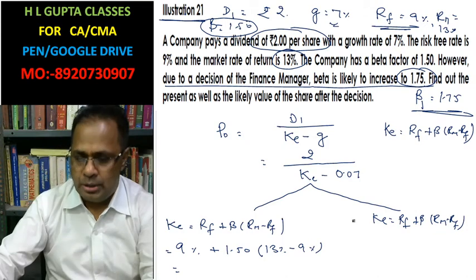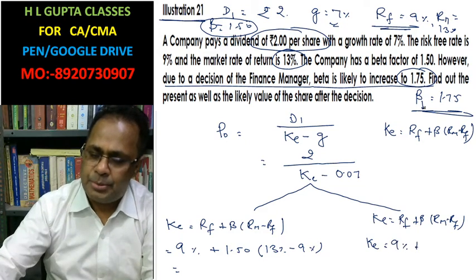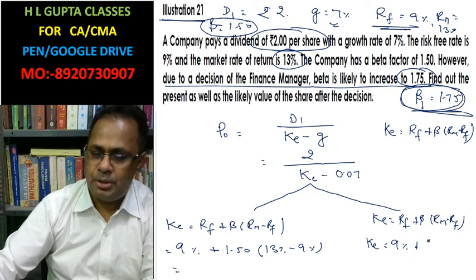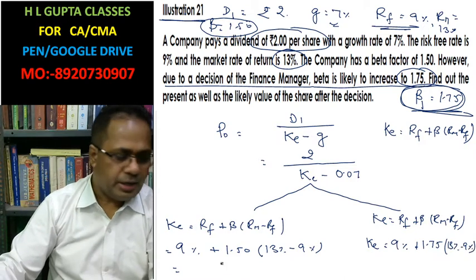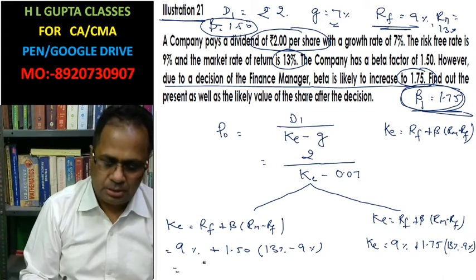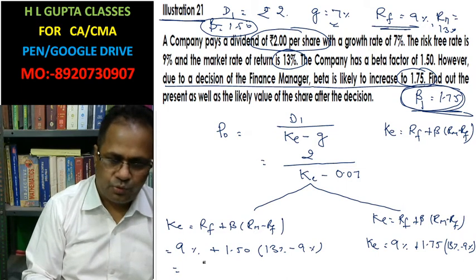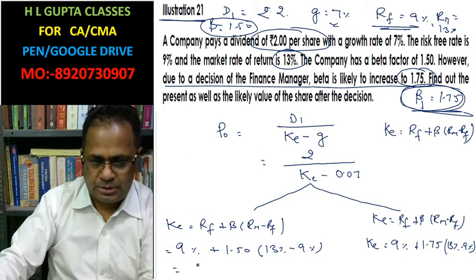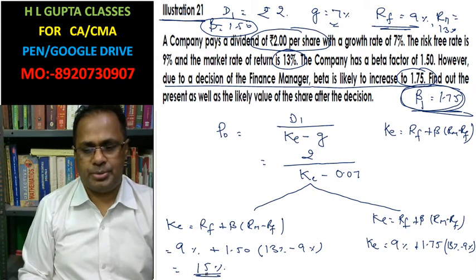Here also we can calculate the cost of equity: 9% plus beta 1.75 times (13% minus 9%). What is the answer? 13 minus 9 into 1.5 plus 9 becomes 15%.